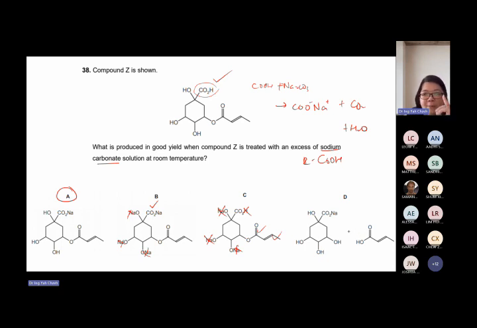Hydrolysis of ester can only occur when you use dilute strong acid or dilute strong base solution and heat. So ester cannot react with sodium carbonate solution. That is why the answer to 38 is A.